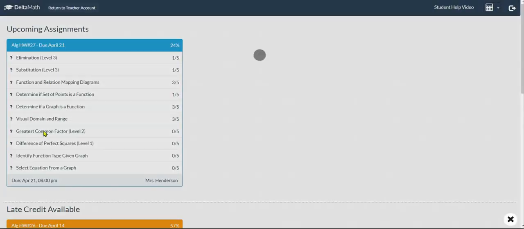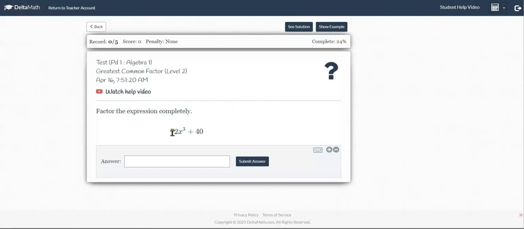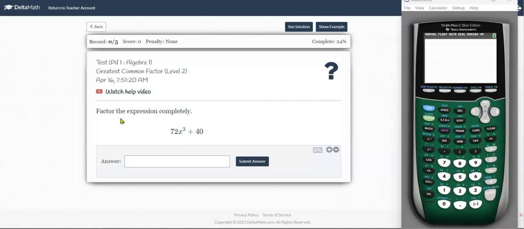Let's look at greatest common factor that we learned this week. I'm looking to divide each of these values. To factor an expression completely, you first look for a GCF, a greatest common factor, for either the numbers, the variables, or both. I'm looking here at 72 and 40. 40 is the lowest number, so I'm going to focus on the factors of 40 that I know: 4 and 10, 5 and 8, 2 and 20.